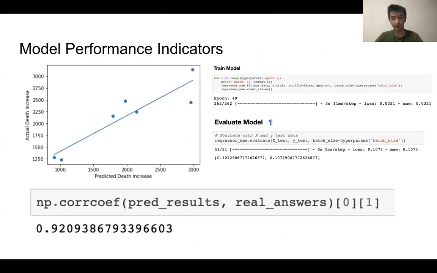But during the evaluating model, you can see that the loss was much higher, at around 10%. So this shows that there's model overfitting. However, this 10% is still a relatively good result. So even if it's overfitting, I believe it can generalize to a good degree.